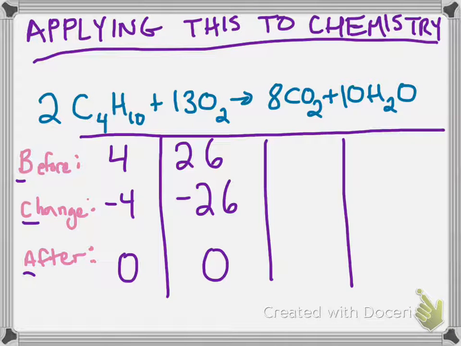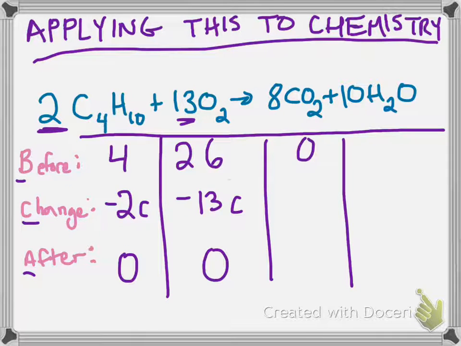So there's a few ways to think about this. I'm going to change what I did for my change, and I'm going to say, let's say I lose 2x. The 2 comes from the coefficient, so if it changes by 2 whatever, my oxygen is going to change by minus 13 whatever. I'm calling it C because that's my change.